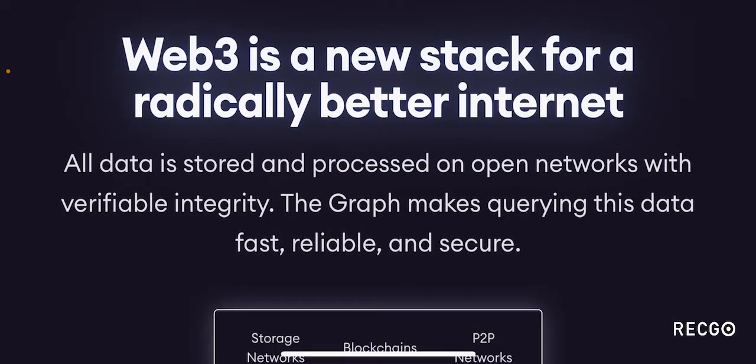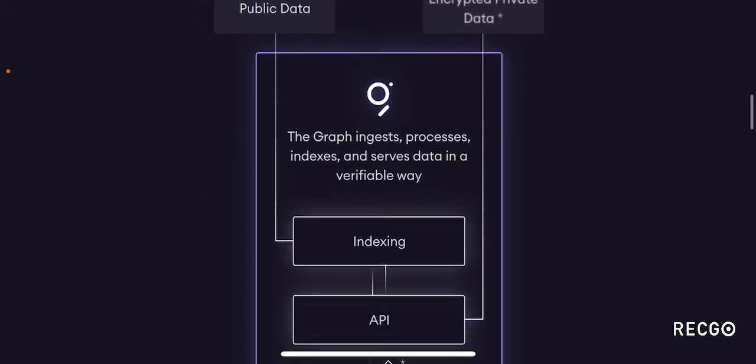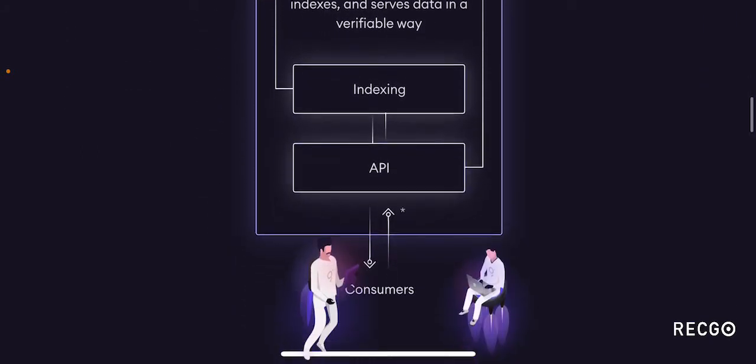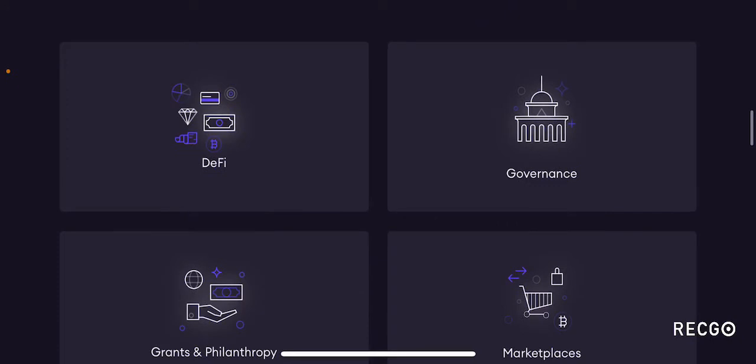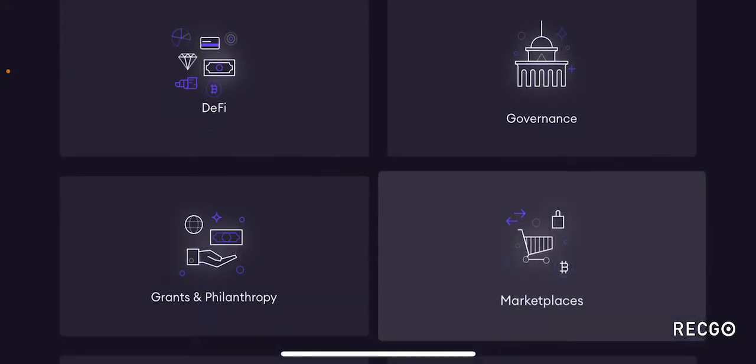Web3 is a new stack for a radically better internet. So again, they're also talking about how the graph is going to change the way things operate. So much is getting built, obviously, because of DeFi and all the different aspects of decentralized finance, including governance, staking, borrowing, lending, marketplaces, NFTs, and so on and so forth.